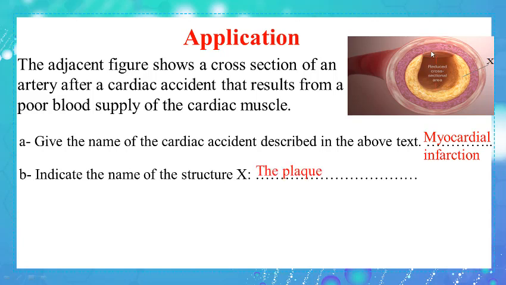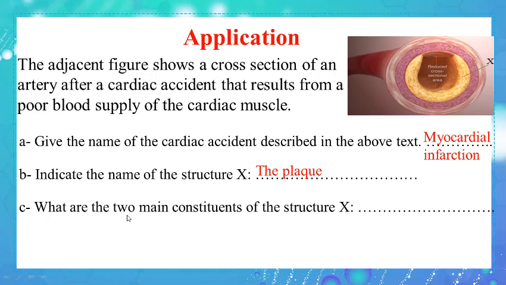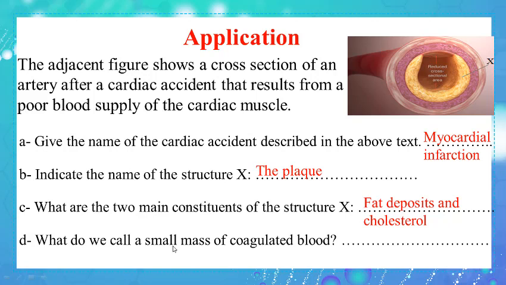It's a yellow deposit, so it is the plaque. What are the two main constituents of the structure X? So, as we already said, the plaque is formed of fats, deposits, and cholesterol. What do we call a small mass of coagulated blood? It's the blood clot.